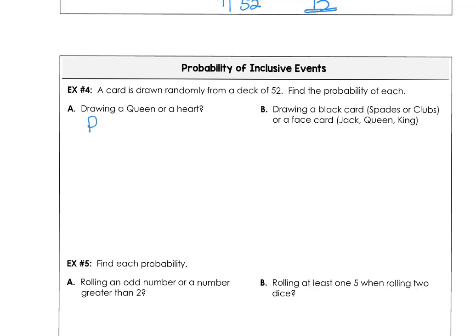The probability of getting a queen or drawing a heart out of the deck, remember there would be a queen of hearts, and there would also be 12 more cards that were from the heart suit. So we've got to think of the probability of the queen plus the probability of the heart, and then we're going to subtract the probability of a queen plus a heart.